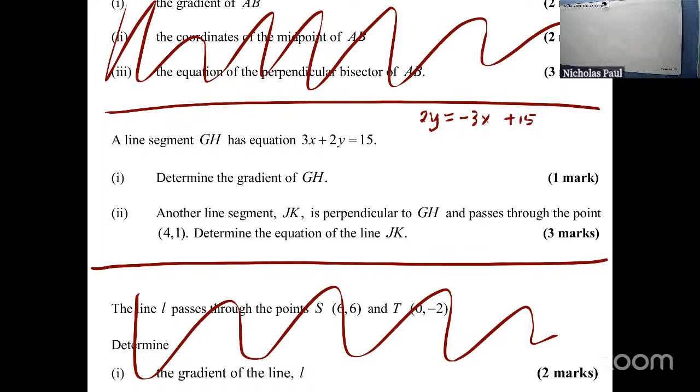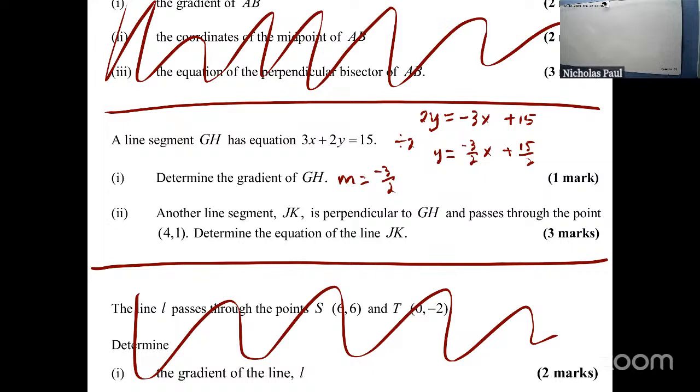Right? And then I'm going to divide everything by 2. So I'll get y is equal to minus 3 over 2 x plus 15 over 2. I divide every single thing by 2. Now, it's easy for me to read off the gradient. The gradient is minus 3 over 2. Right? That's all I have to do.